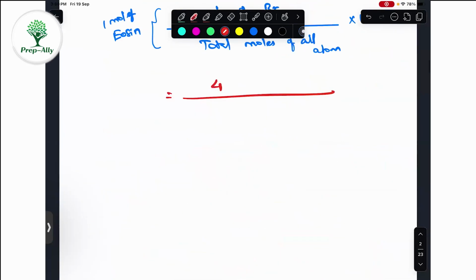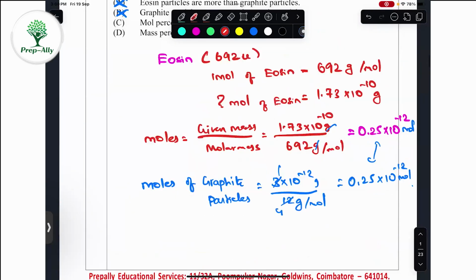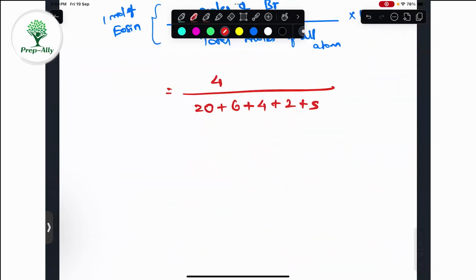So I have 20 carbon atoms, 6 hydrogen atoms, 4 bromine atoms, 2 sodium atoms, and 5 oxygen atoms. So this is the total number, right? Into 100.